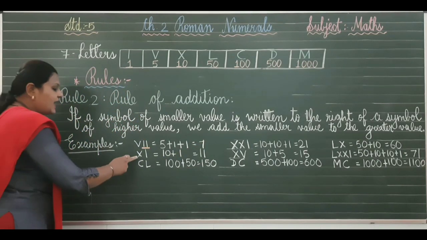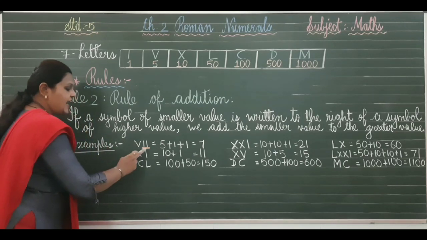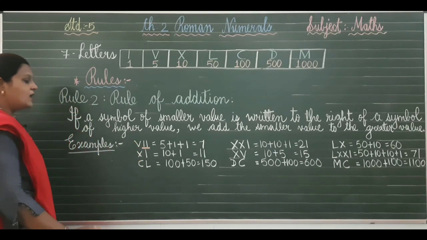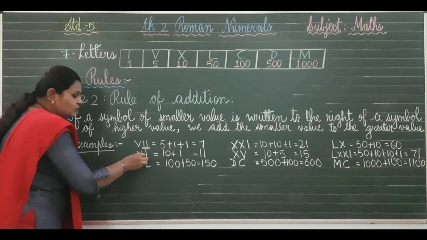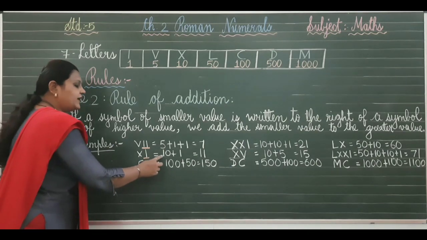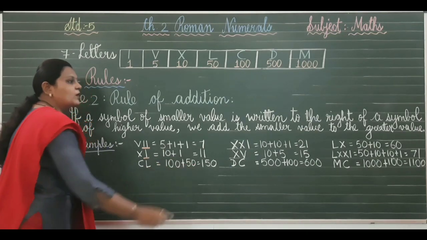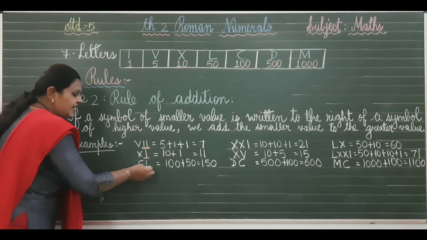Next example, XI. Now X means 10 and I means 1. So X has greater value, right hand side smaller value is given. So what we will do? Addition. 10 plus 1 is equal to 11. Okay. Next, CL.